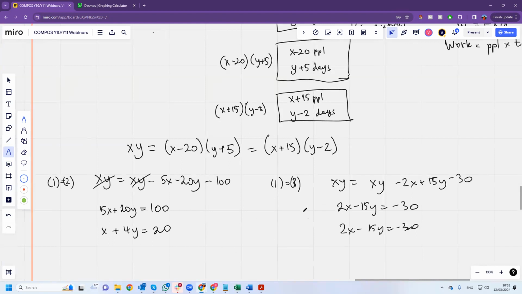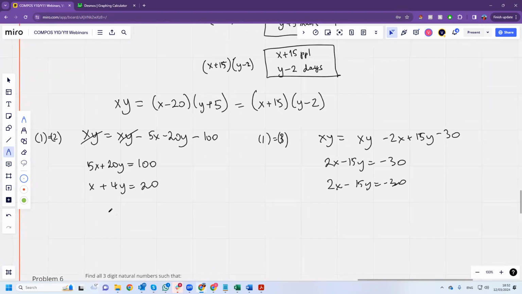I'd say multiply this by 2 and subtract. So by elimination, 2x plus 8y equals 40. So times this by 2. I write down this one, minus 15y equals minus 30.